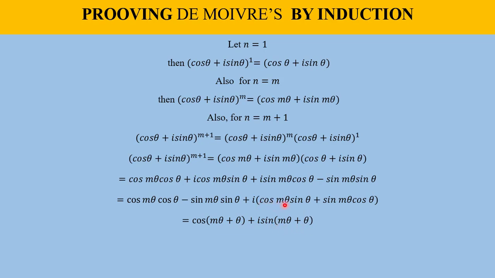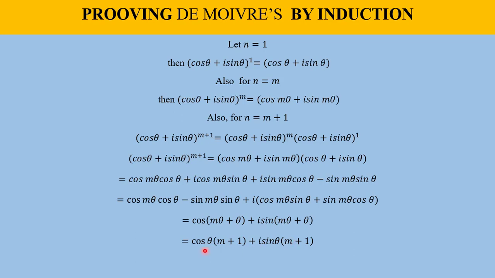That is the real part, and this is the imaginary part after applying compound angles from trigonometry. Then finally you can pull out theta since it is common. We shall have cos theta into (m plus 1), then plus i sin theta into (m plus 1).